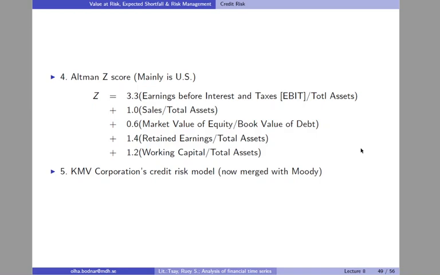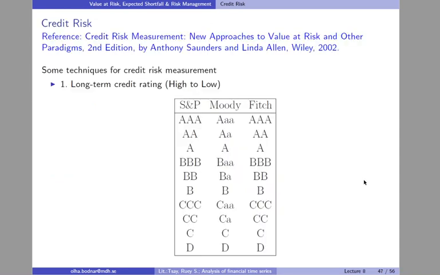It's called the Altman Z score, which is 3.3 times the earnings before interest and taxes divided by total assets, plus the sales divided by total assets, plus 0.6 market value of equity divided by book value of debt, plus 1.4 multiplied by this, plus 1.2 multiplied by this. And there's another one, which used to be KMV Corporation's credit risk model, but it has merged with Moody's. So they use this classification as well.